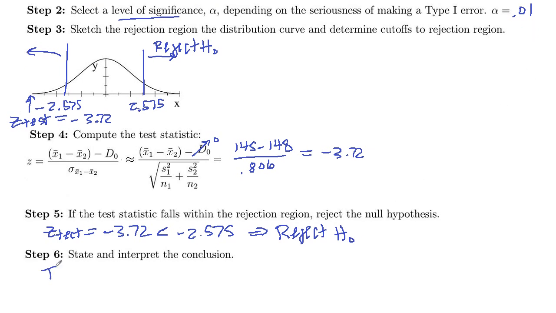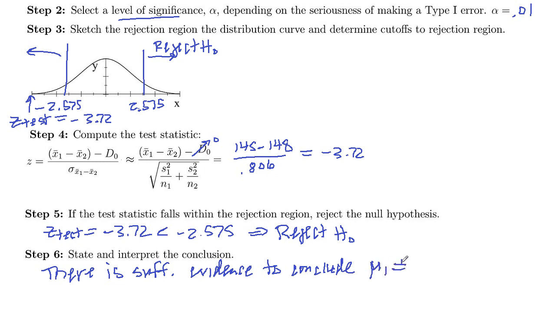So our conclusion then is that there is sufficient evidence to conclude mean 1 is not equal to mean 2. That's the alternative hypothesis.